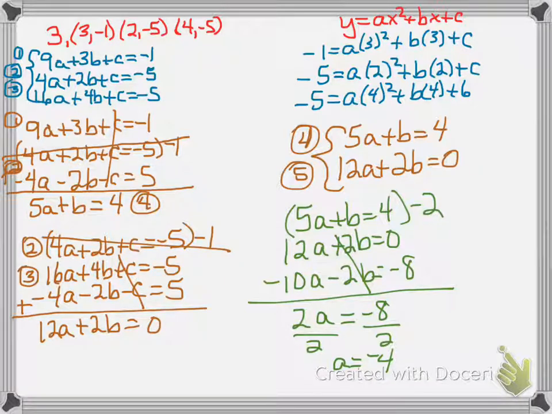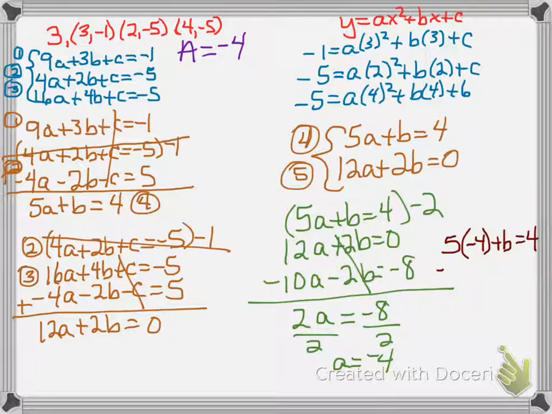Alright, now I'm going to start plugging back in. First let me write this down. a is -4. Here we go. I'm going to use my first equation: 5a, a being -4, plus b equals 4. Okay?